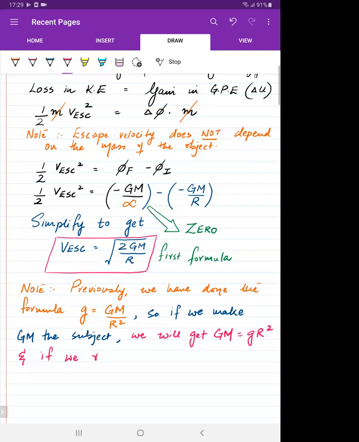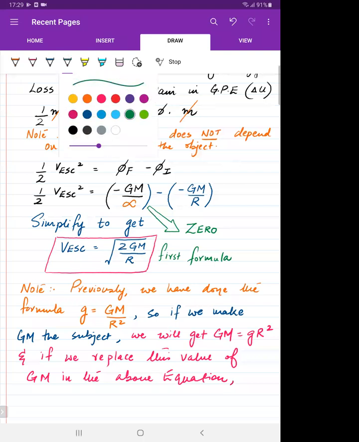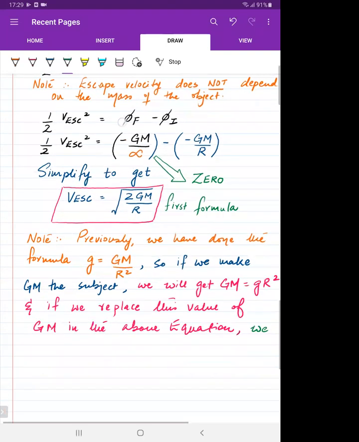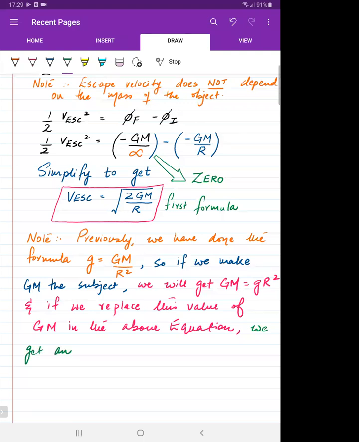And if we replace, excuse me, this value of GM in the above equation, we get an alternate formula.